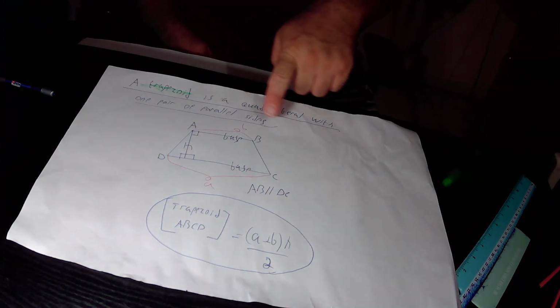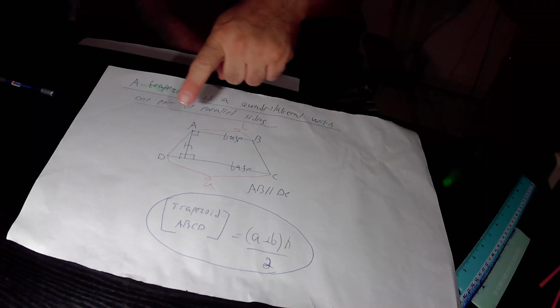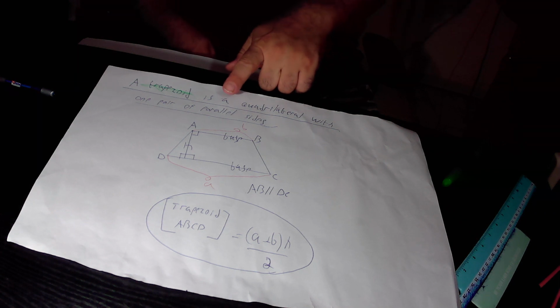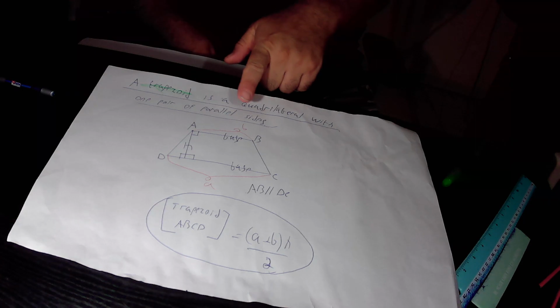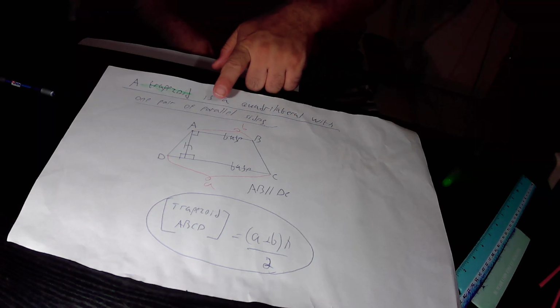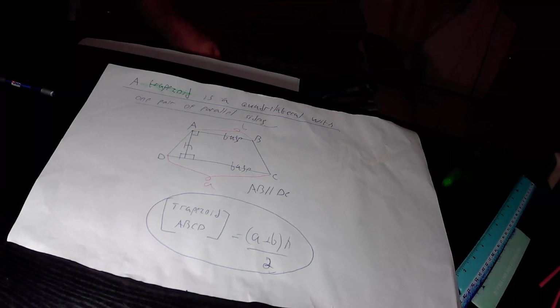This is quadrilateral ABCD, and because side AB is parallel to the opposite side DC, this quadrilateral is defined as a trapezoid. The two parallel sides, that is to say AB and DC, are defined as the bases of the trapezoid.